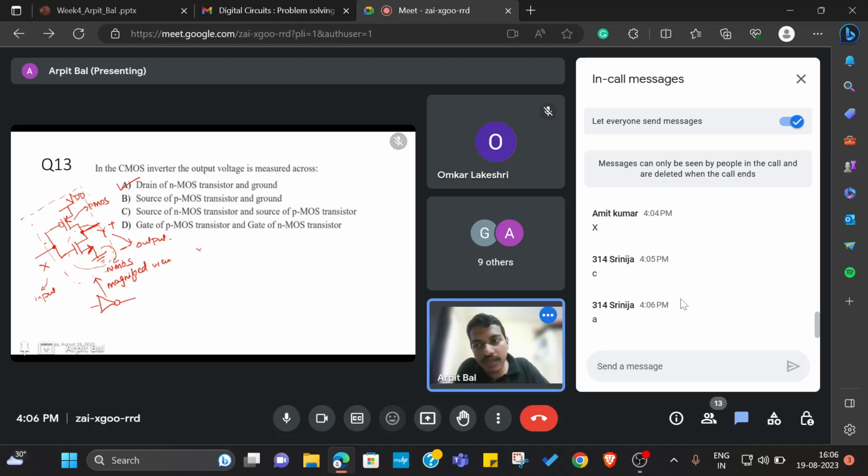I'll tell you that there are two more answers that are possible. Looking at the pattern in option C, can anyone suggest one more answer?